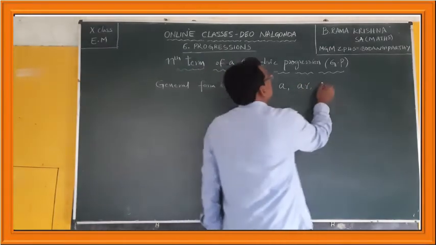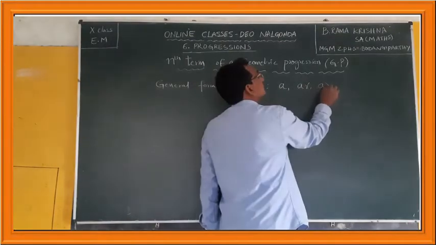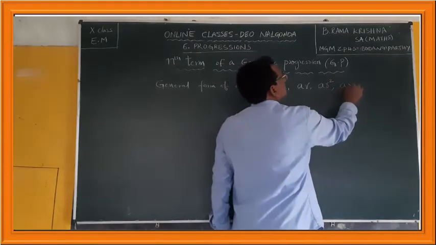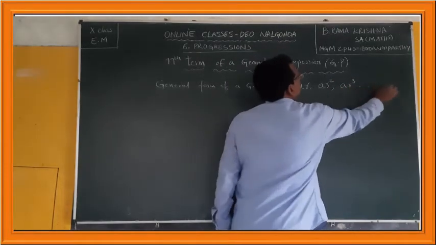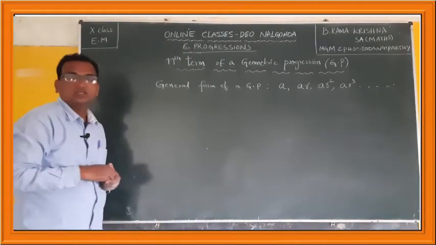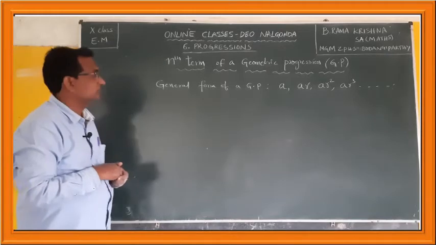The third term is, again, if the second term is multiplied by r, we get the third term, ar into r is equal to ar square. Next term ar cube and so on. So, that is the general form of a geometric progression.